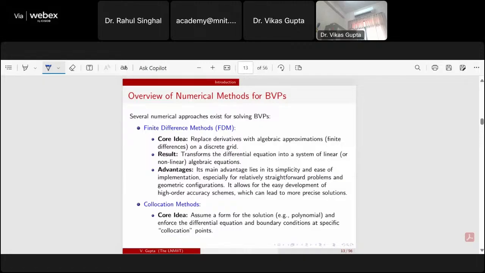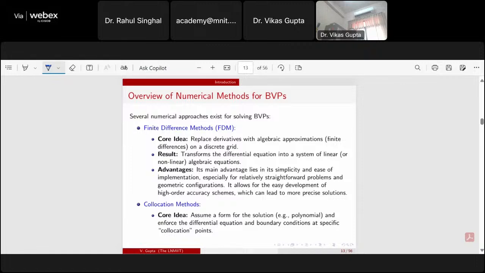The main advantage of the finite difference method is that it has a very simple structure and is very easy to implement, and it allows easy development of higher order accurate schemes, which can lead to a more precise solution.